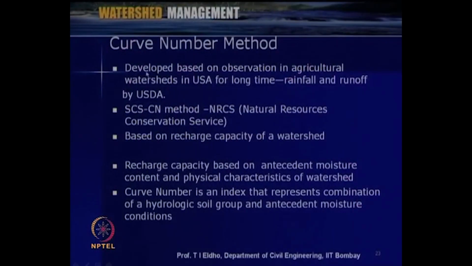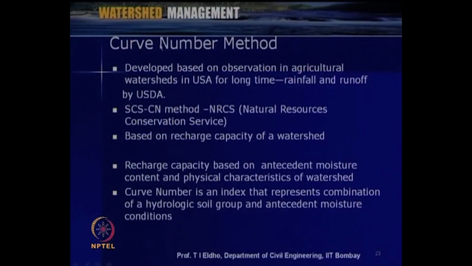Now, another important method, which is a lumped model, is the so-called SCS, Soil Conservation Service, curve number method. This method is very commonly used in many countries, and it is one of the accurate methods used for identifying how much runoff is possible for a given rainfall condition.